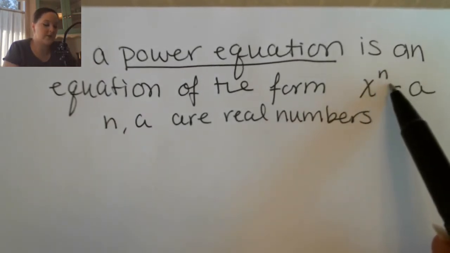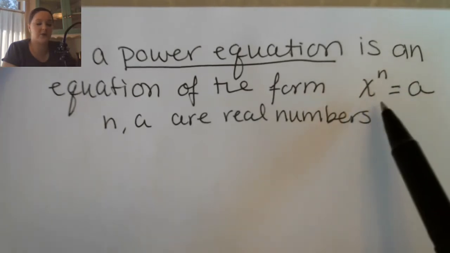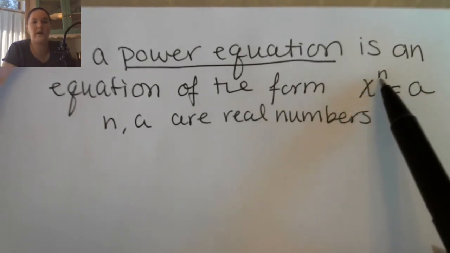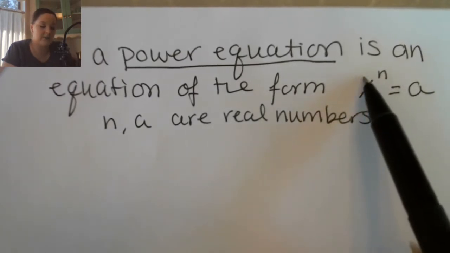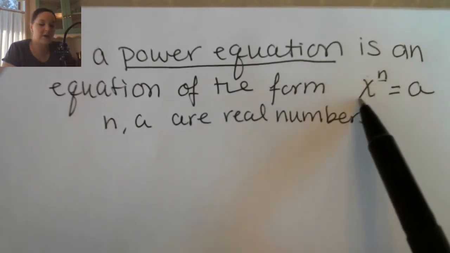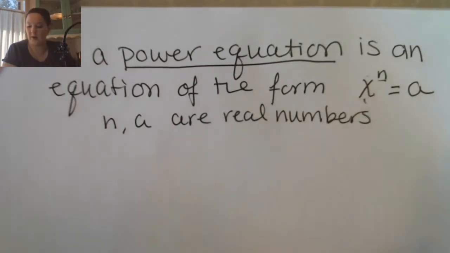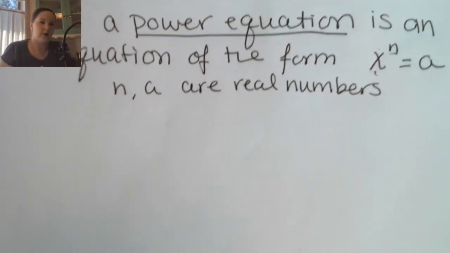This is to differentiate it from exponential equations where you have a numerical value and then a variable exponent. So this is a time where the exponent is a number and the base is the variable.